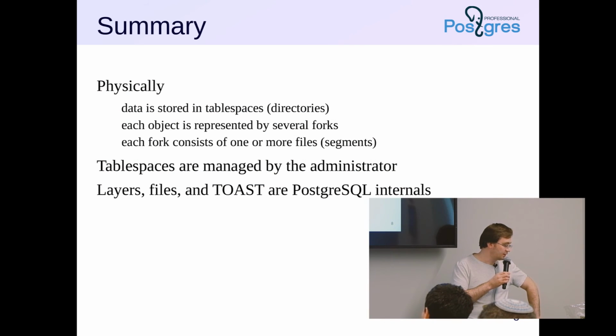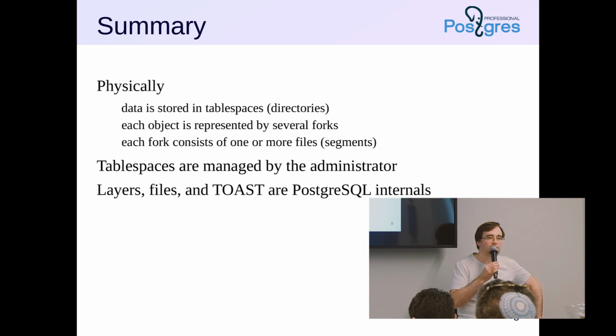So, physically, data is stored in tablespaces, which are basically the same as directories. Each object is represented by several forks, and each fork consists of one or several files.